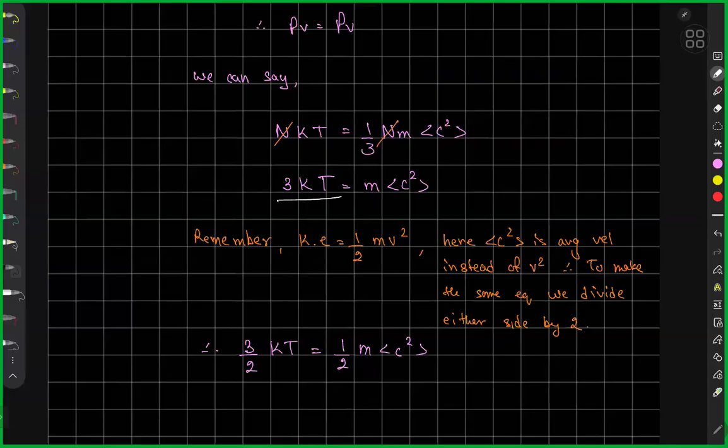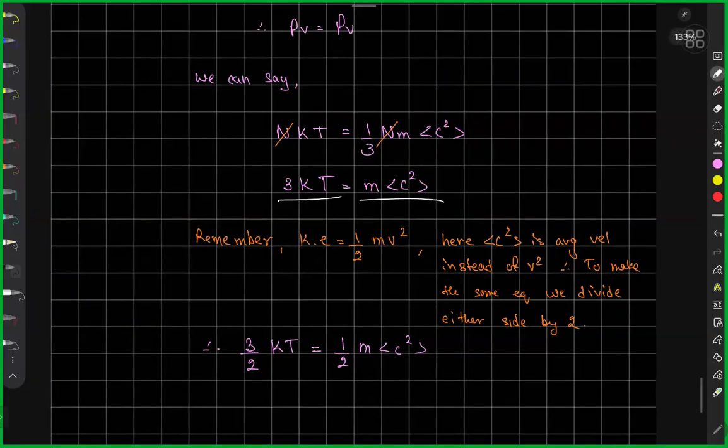Now look. Does this look very similar to something, my friend? What is the formula for kinetic energy? Half mv square. Do I have mv square over here? Yeah, you do. This is mean square velocity, and this is also square velocity. Can I do something over here? Can I bring half into the equation?